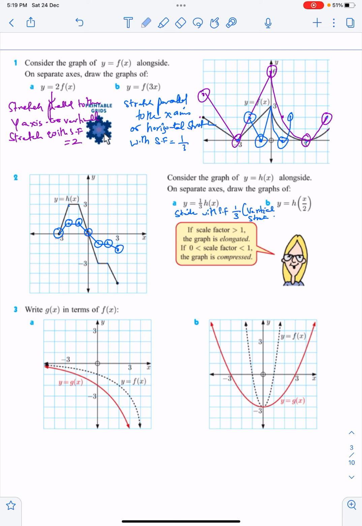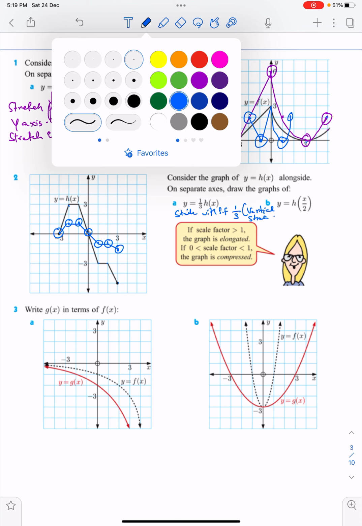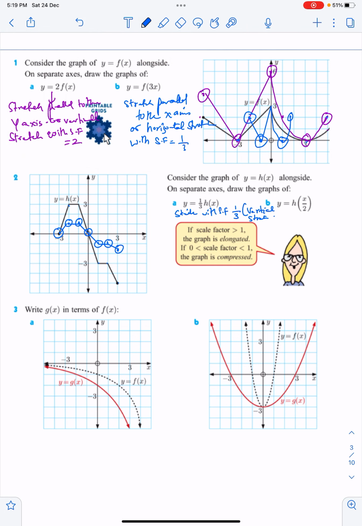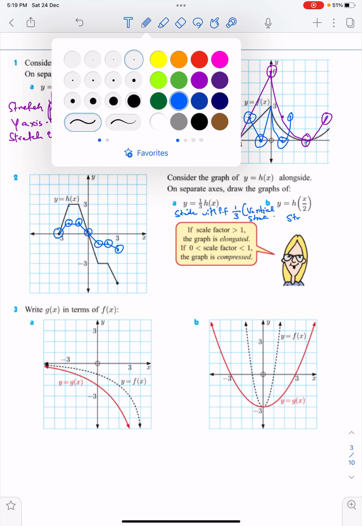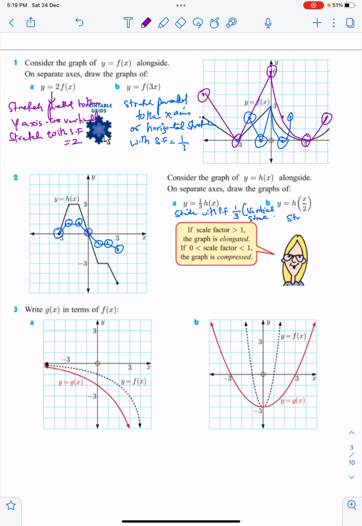Okay, so this is a stretch with stretch factor 2, and it's a horizontal stretch parallel to the x axis. In this case, the y axis is going to be the invariant line.